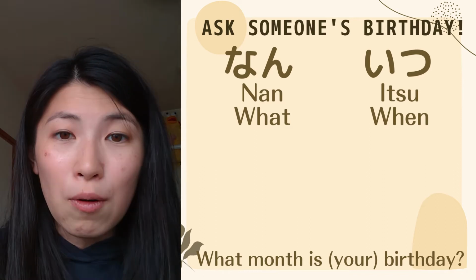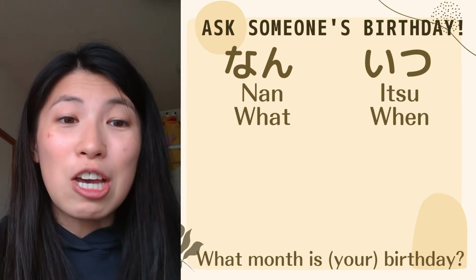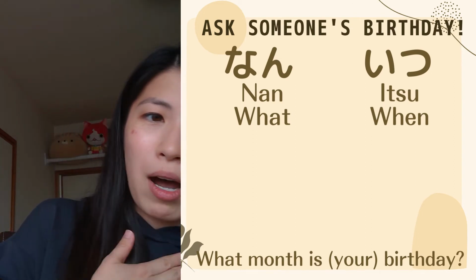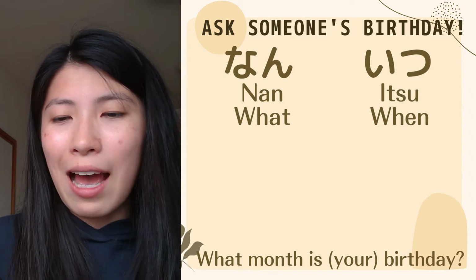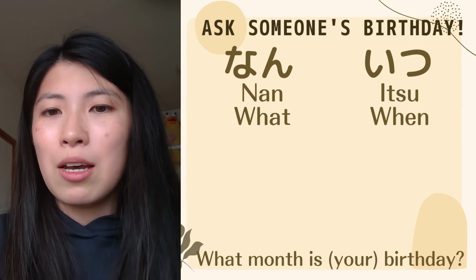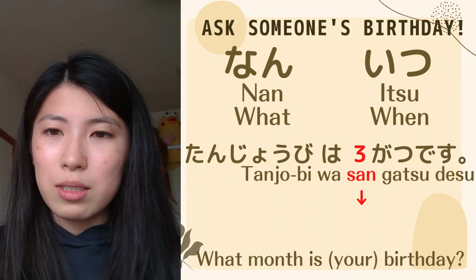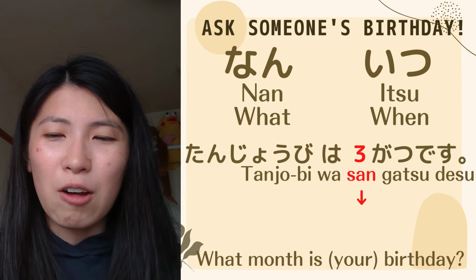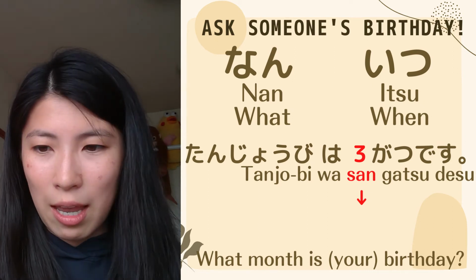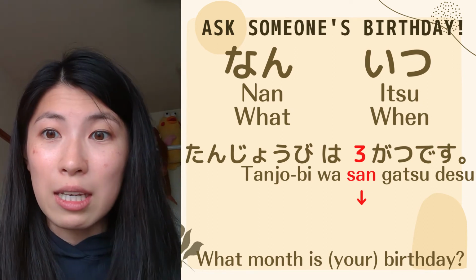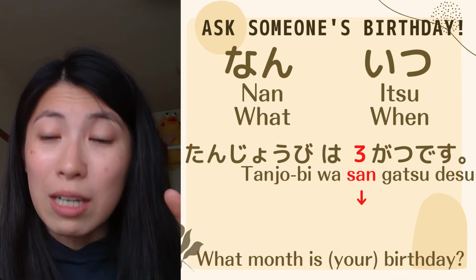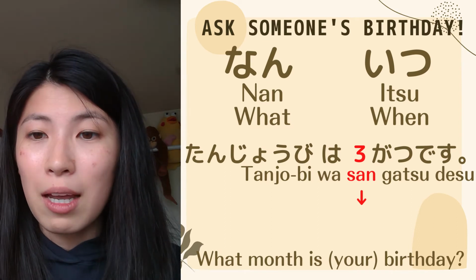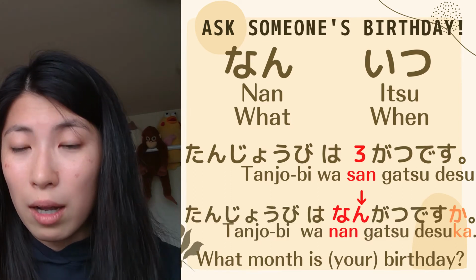In Japanese, if you want to make a question sentence, you need to think the answer first. So my birthday is March. I have the answer like this in Japanese: 誕生日は3月です。But now you want to ask someone's birthday. So what you need to do is get rid of 3 and then instead of that you have to use the word what.